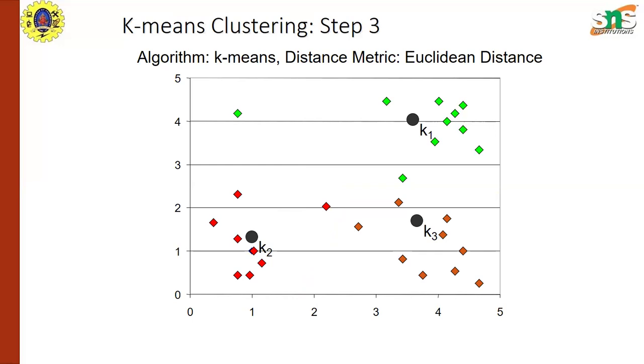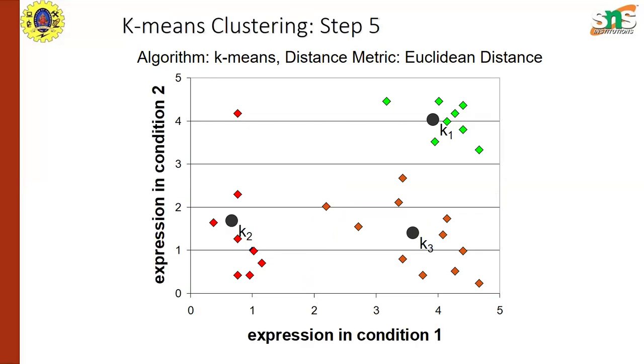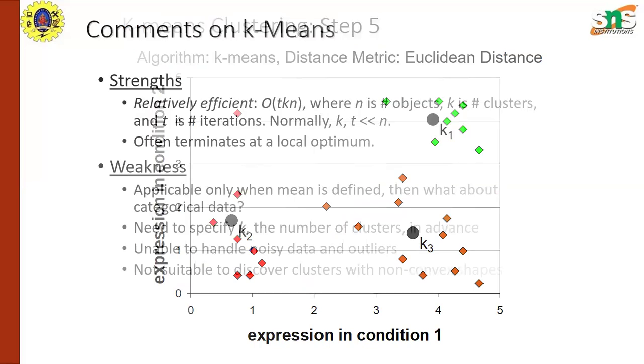Then we move the cluster head nearer to the objects in the cluster. Then we find the nearest value, and again find the distances, based on the distance metric, that is, the Euclidean distance.